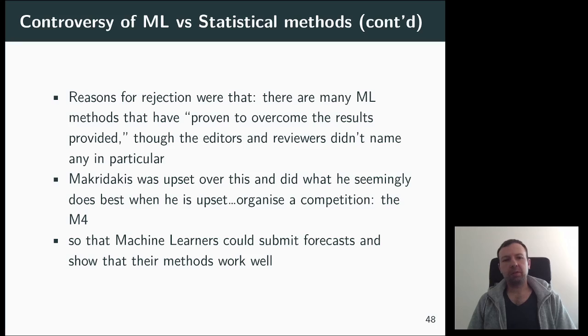So Makridakis was somewhat understandably quite upset over this, and he did what he seemingly does best, organizing a competition, the M4, so that machine learners could submit their forecasts and really show that machine learning methods work better than statistical methods.